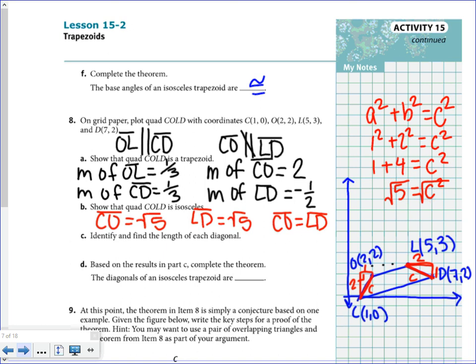The next part, they want you to find the length of the diagonals. So you have two diagonals here.